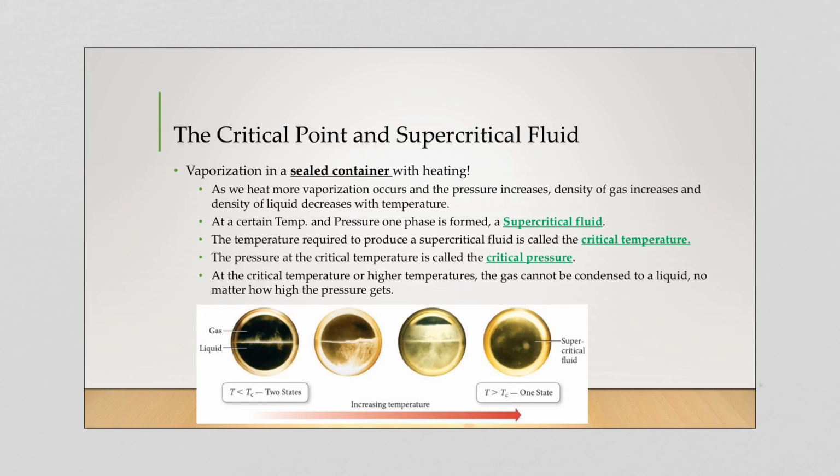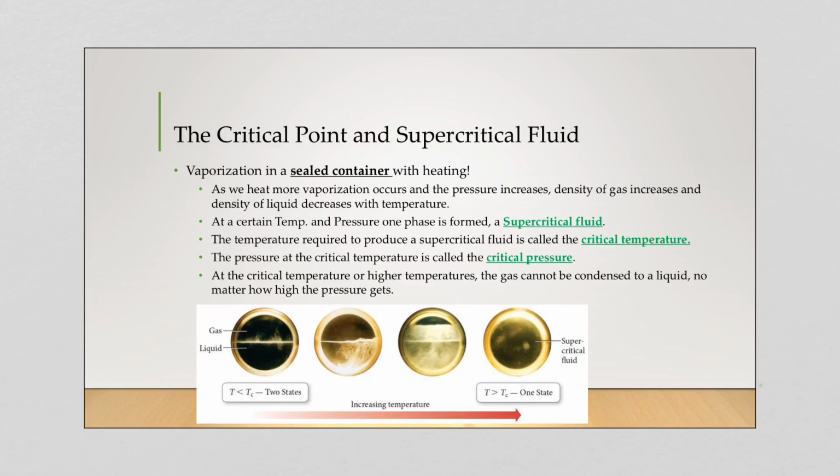This is vaporization in a sealed container, like we saw before, to reach dynamic equilibrium, but we heat it. Typically this would be a very bad idea. We don't typically heat sealed containers because they can explode, build up pressure. So this has to be done in a very special way, with very special containers, not something we just do normally.